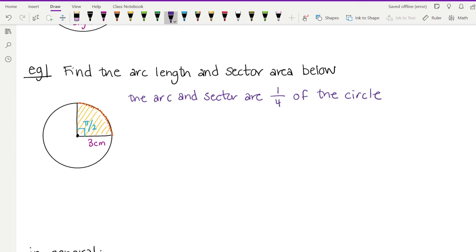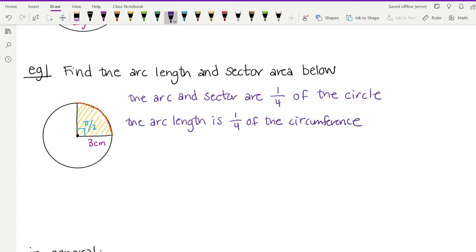If we're looking at a portion of 1/4 of the circle, how would we use that to figure out the length of the arc? Well, the arc length should be 1/4 of the circumference.